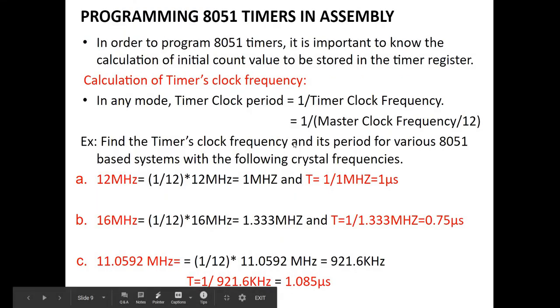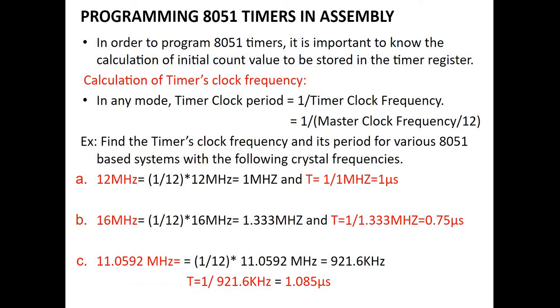Now we'll see how to generate a delay or a pulse of any frequency using 8051 timers in assembly language. In order to program 8051 timers, it is important to know the calculation of the initial count value to be stored in the timer register.